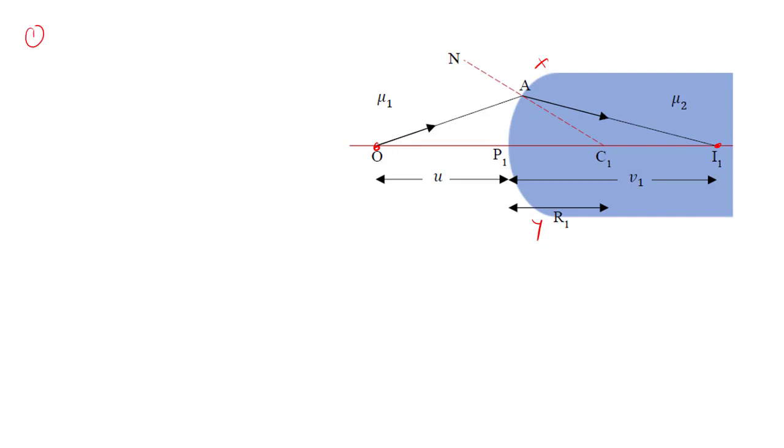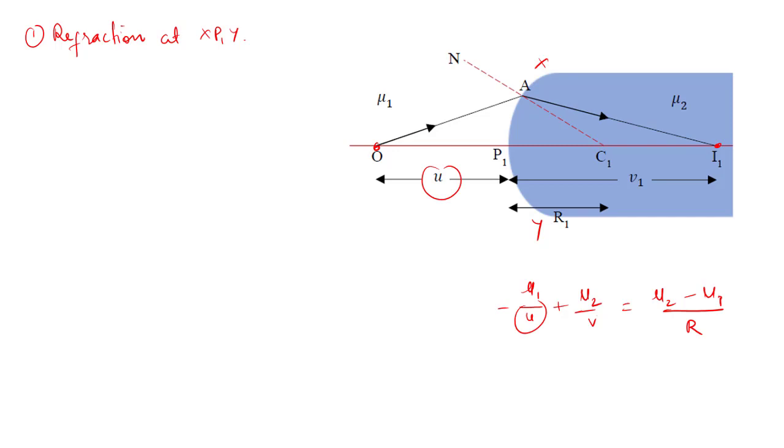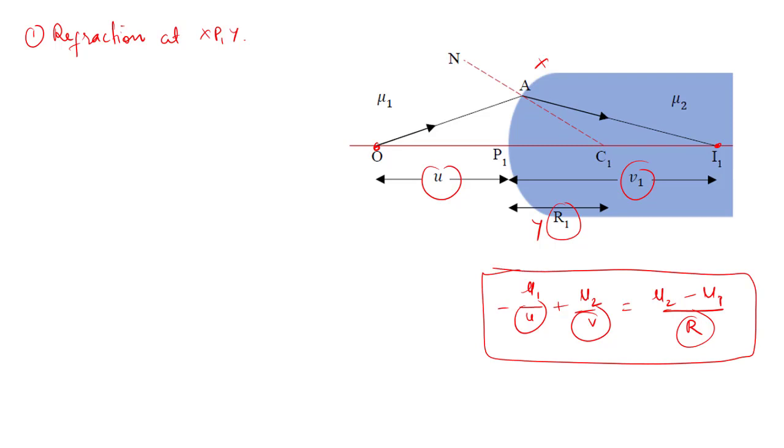Here, let us apply the formula. This is for the first case, refraction at X P1 Y. The formula was -mu1/u + mu2/v = (mu2 - mu1)/r. Here u is u, v is v1, and r is r1. No need to apply the sign convention again, because the sign convention has already been applied in this formula.